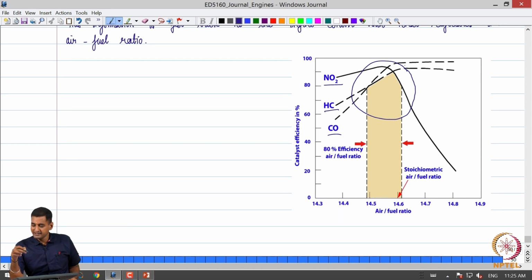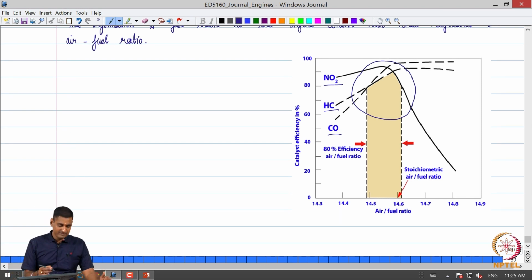If we go either richer or leaner, we are going to have less efficiency in one component or the other, as far as its conversion is concerned. Okay. So, that is something which we need to keep in mind.